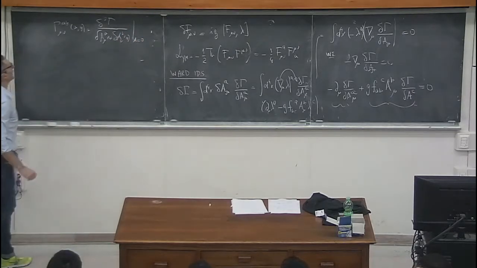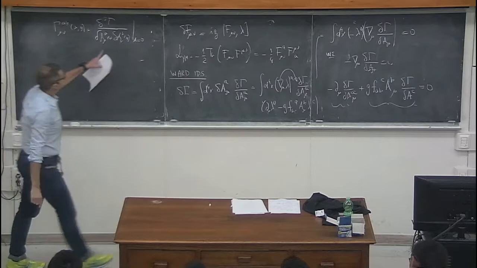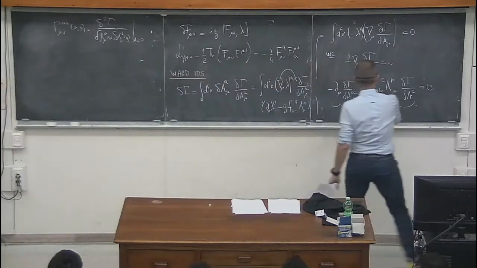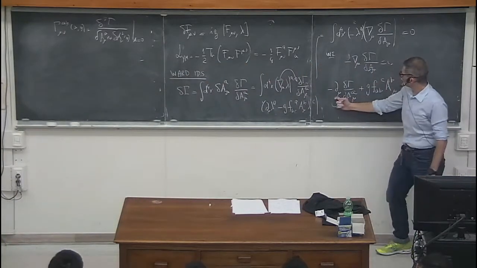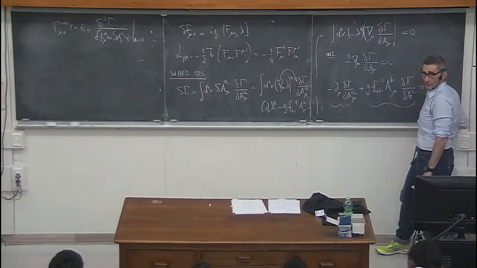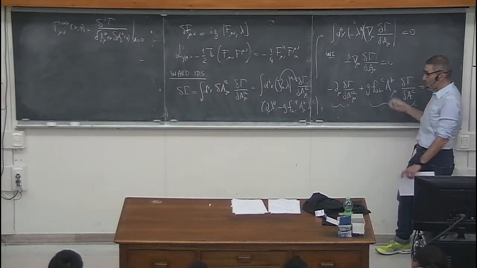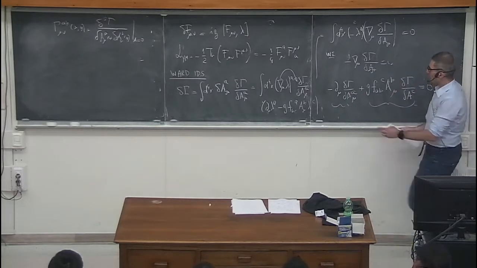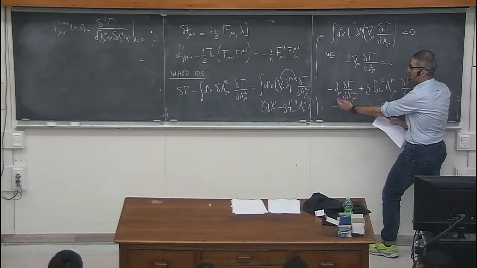Then if I use these equations in the Ward identity, I have to take one derivative of this functional equation, and then I put A equal to 0.